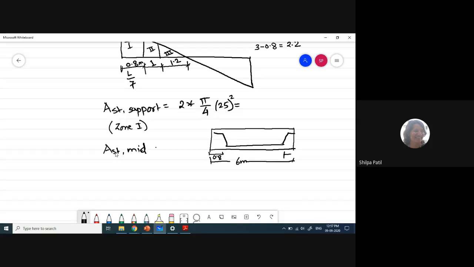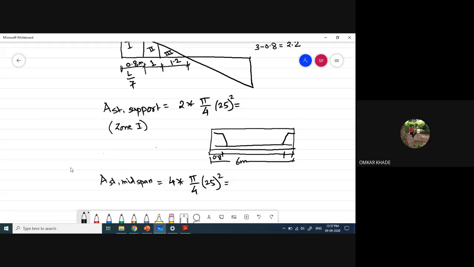For this remaining portion, that is for midspan, all the 4 bars are present in the tension zone. So AST at midspan will remain as it is. I will simply write down AST at midspan, it is 4 into pi by 4 d square.